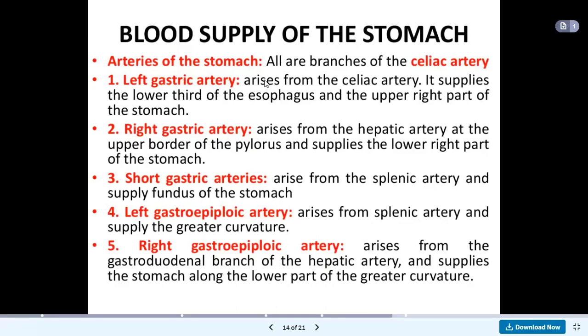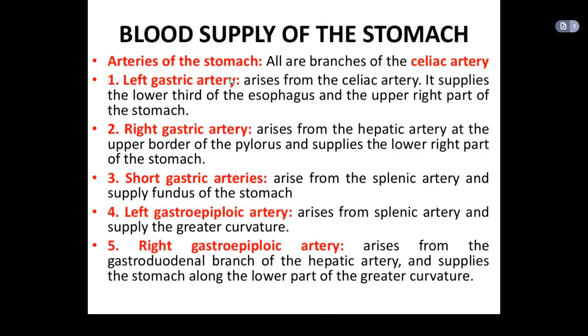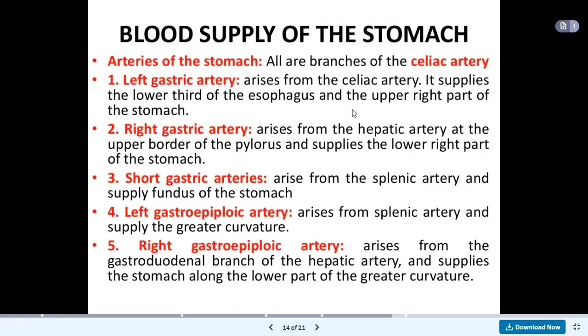This artery arises from the celiac trunk. It supplies the lower third of your esophagus and the upper right part of the stomach. But the name is left gastric artery, so most students usually get confused and say that the left gastric artery supplies the left part of the stomach. That is not true. The left gastric artery supplies the upper right part of the stomach.